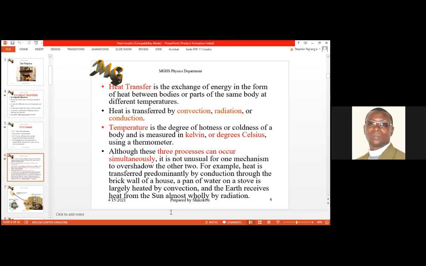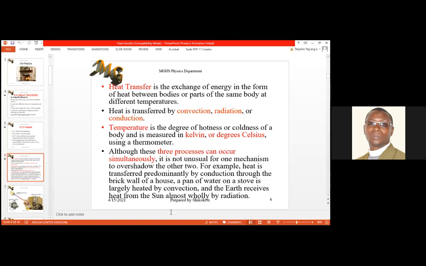Of course, we can have all the three processes occurring at the same time, simultaneously. And as we say, it is not an issue for one mechanism to overshadow the other two.